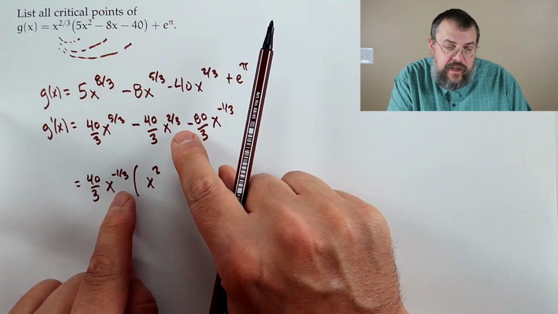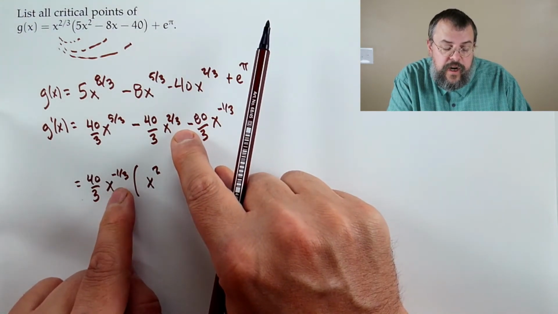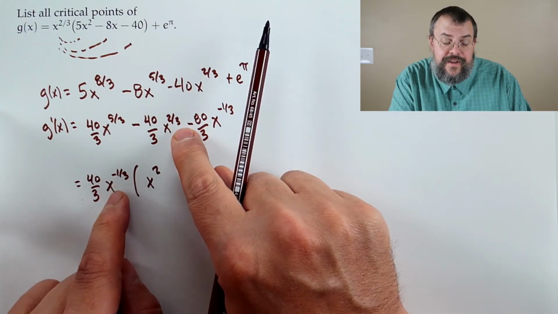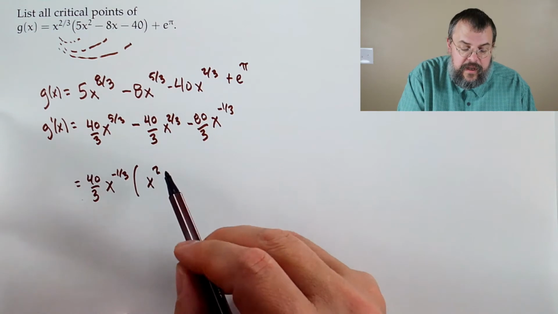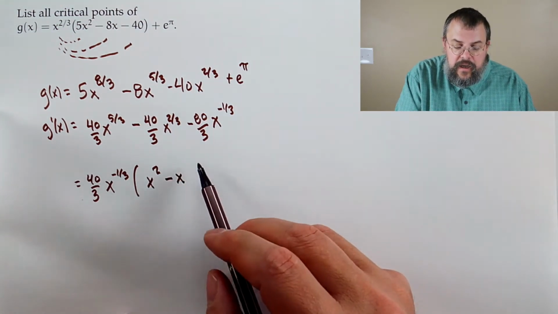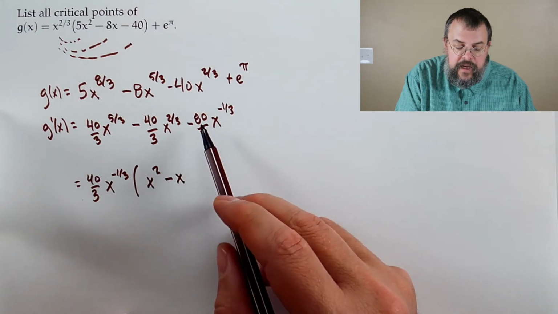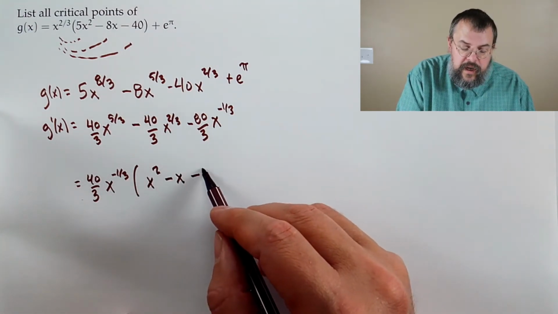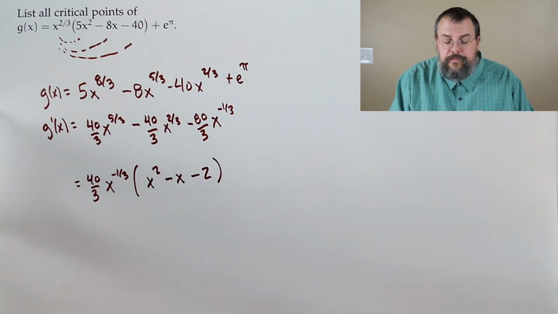Think of it this way. I'm going to take 2/3, subtract what I pulled out. So 2/3 minus 1/3. All right. So then x squared minus x, and then finally, I pulled out 80/3, 40/3 coming out of that would leave us with 2, and I already grabbed the x to the minus 1/3.